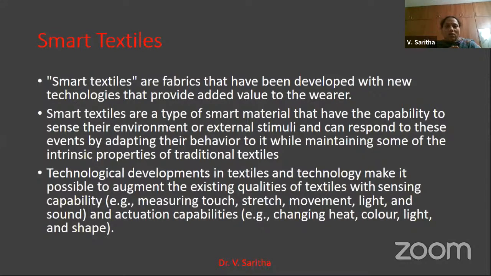But this is a very wrong thinking, because the textiles will be as comfortable as traditional textiles actually.